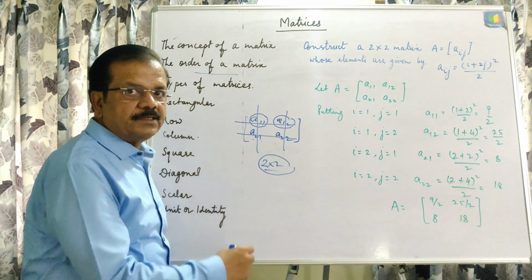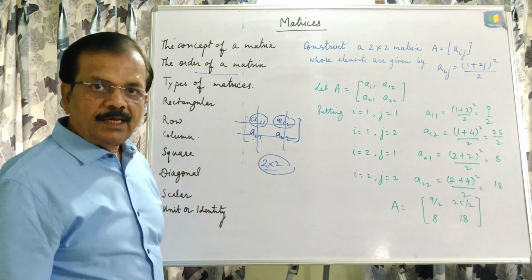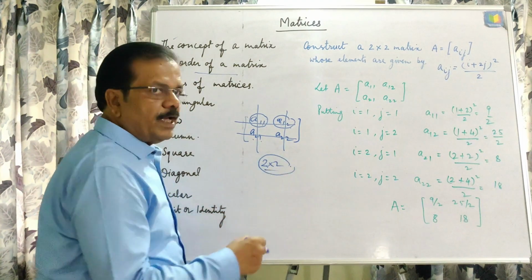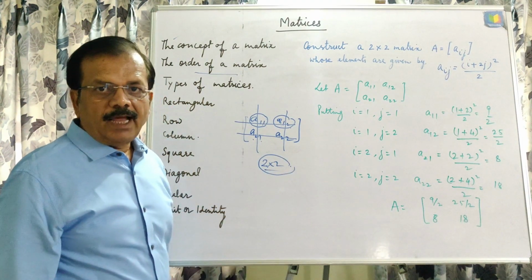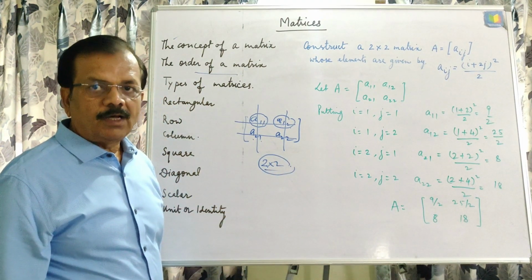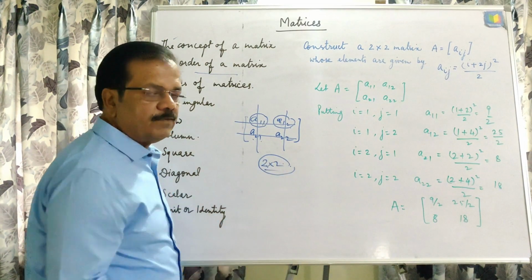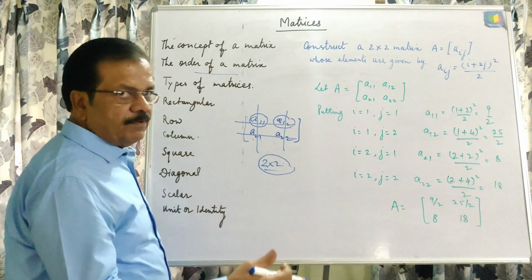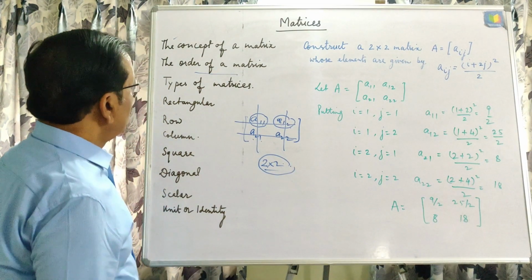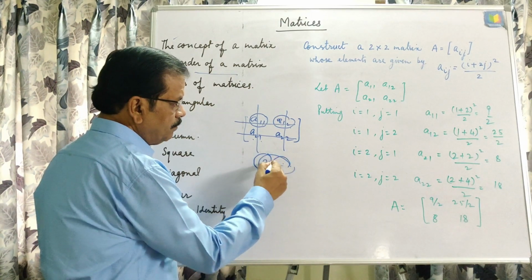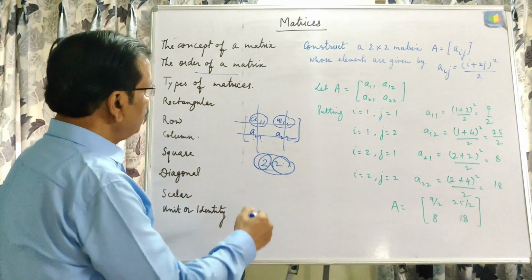The order of a matrix is very important in this chapter, because before we do any operation, addition, subtraction or multiplication, first of all we will check the order of the matrices. That we will study later on. Now this 2 cross 2, this represents rows, this represents columns.